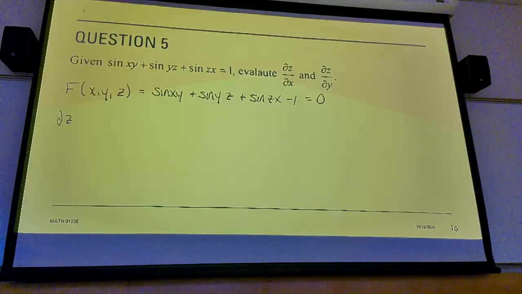Partial z partial x would then be that. What's f sub x? y cosine xy plus 0 plus z cosine zx.